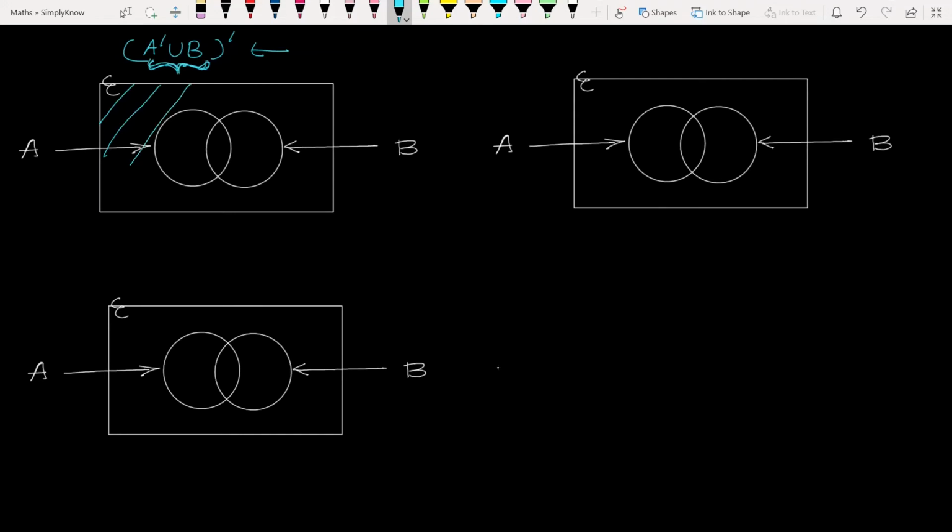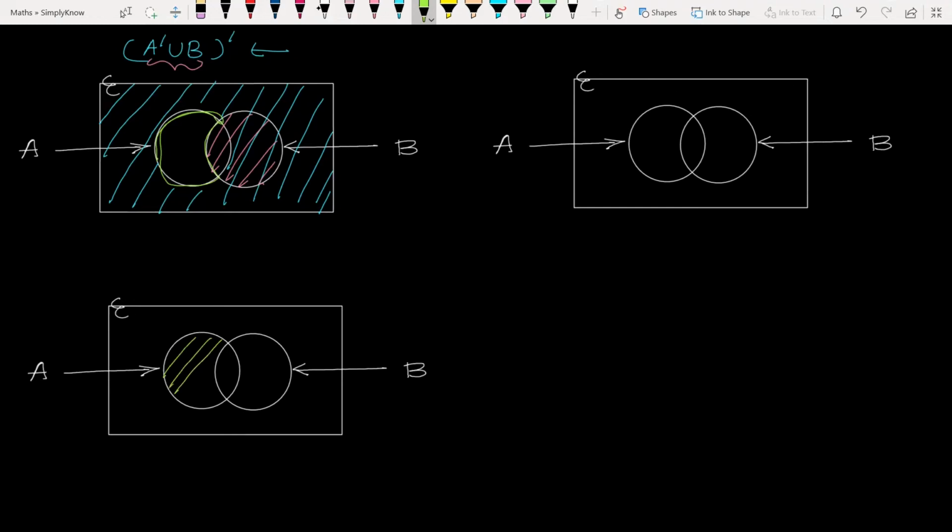That means everything outside A, like this. And then B is everything in B. Now the complement of this region is the unshaded region. Our answer should be the unshaded remaining area over here, this region. So let's show our final answer. Only this region.